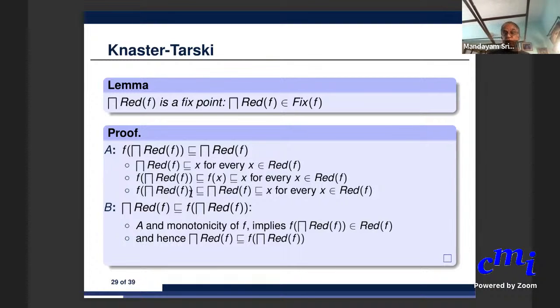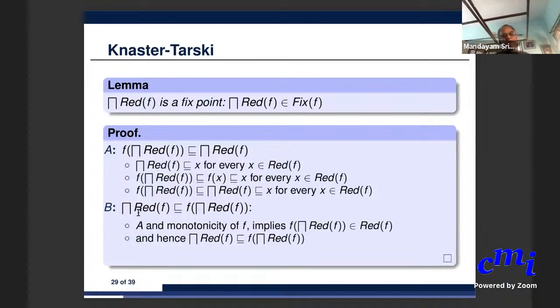Because it is a lower bound, it has to be less than or equal to the greatest lower bound, which really means that f applied to the greatest lower bound is also inside the reductive set. Okay, so that completes the proof of the first part.